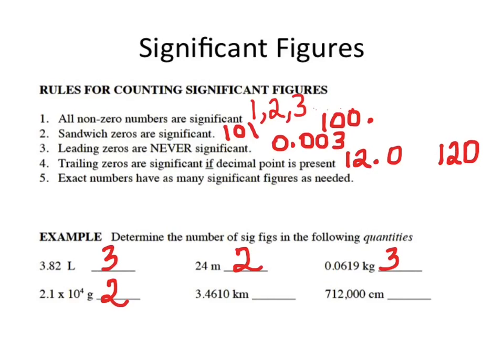That 0 comes after a decimal, so we are going to go with 5. And Tyler, 712,000 centimeters. 3.